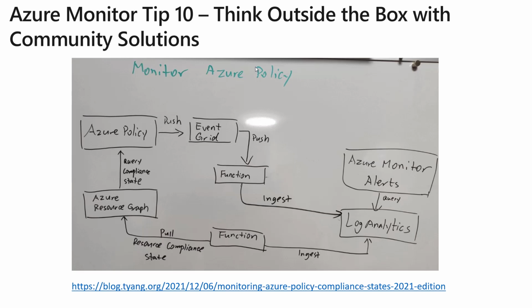In this solution, Tao has put together all of the various components in Azure that are required to extract the data from Azure Policy non-compliance activities and push them into an event grid, use a function, pass that into an Azure Monitor alert via Log Analytics, and then leverage an action group, which in my scenario uses an email action to send me an email to notify me of the specific non-compliance issue and the resource that's non-compliant.